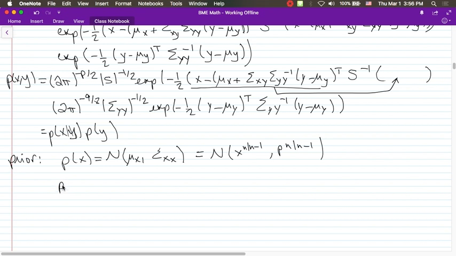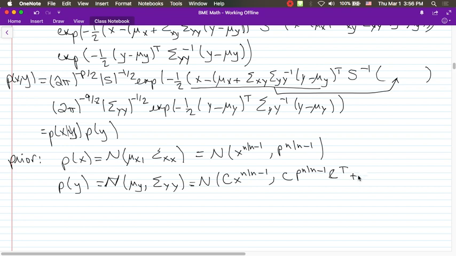We have an observation, P of y, where that was also normally distributed with mu y and sigma yy. And that was a normal with mean C x of n minus 1. Variance C P of n minus 1 C transpose plus R.